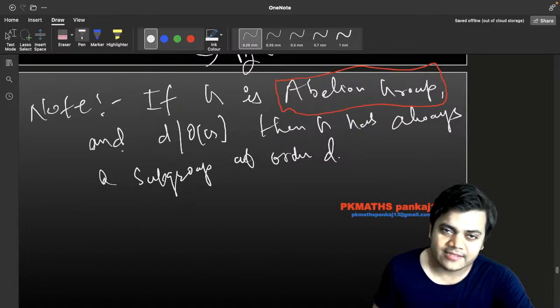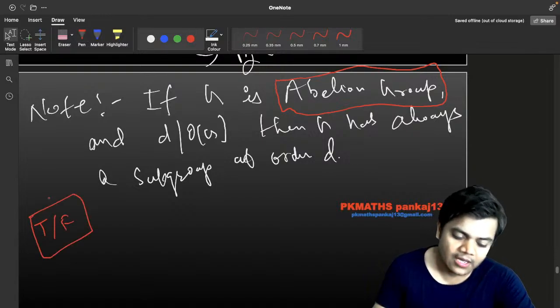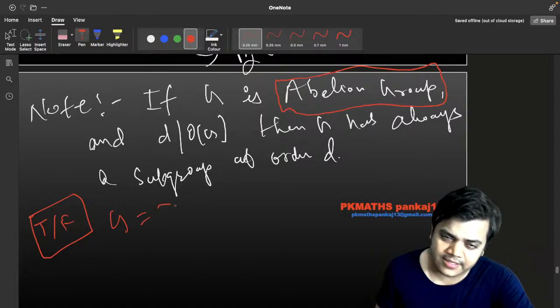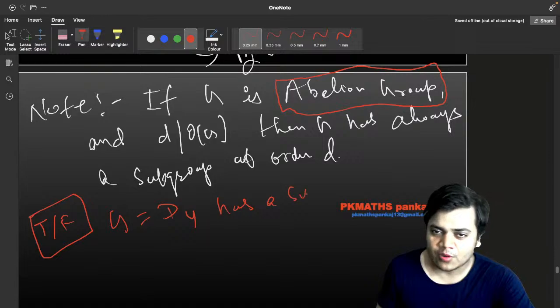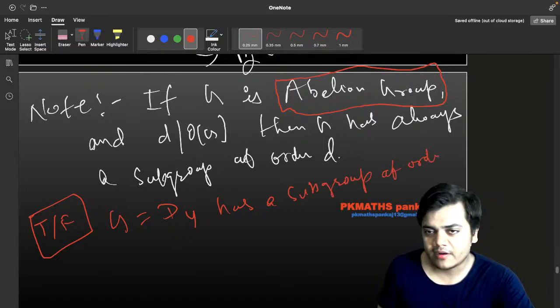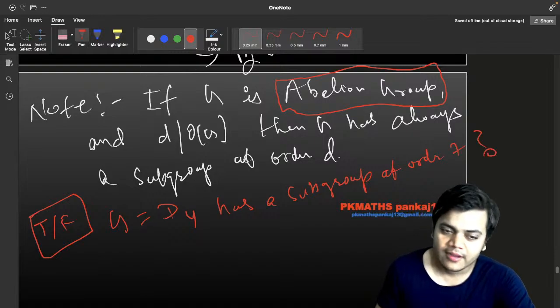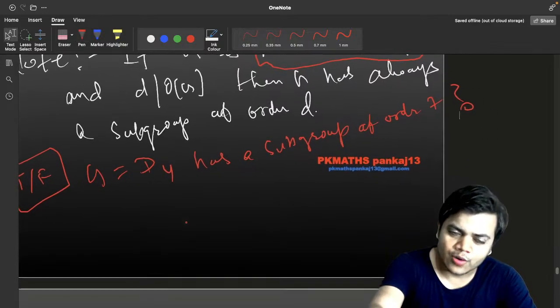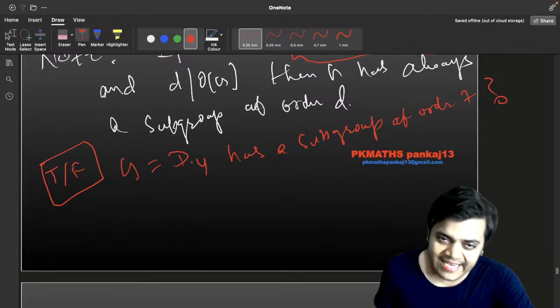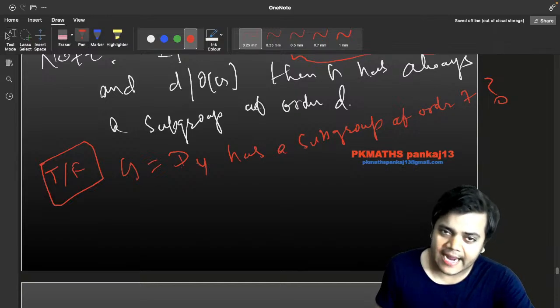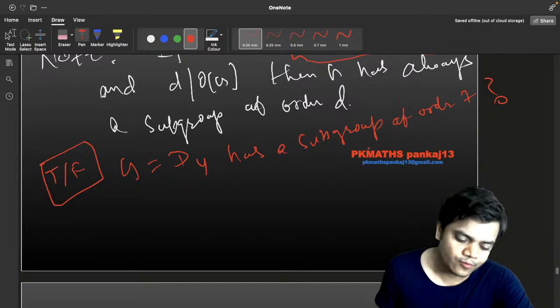Okay, so let's do a few true/false questions that might clear your fundamental concepts. If we take G equal to D4, the dihedral group, which is certainly non-abelian, does D4 have a subgroup of order 7?